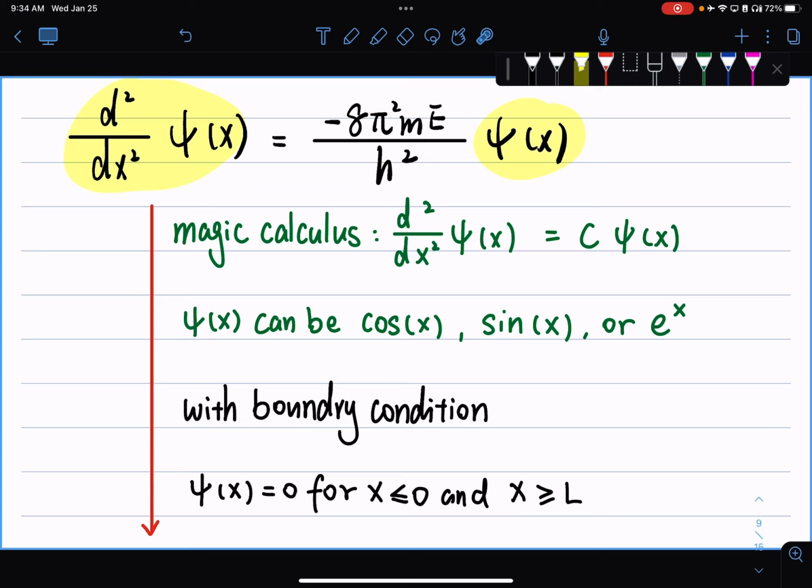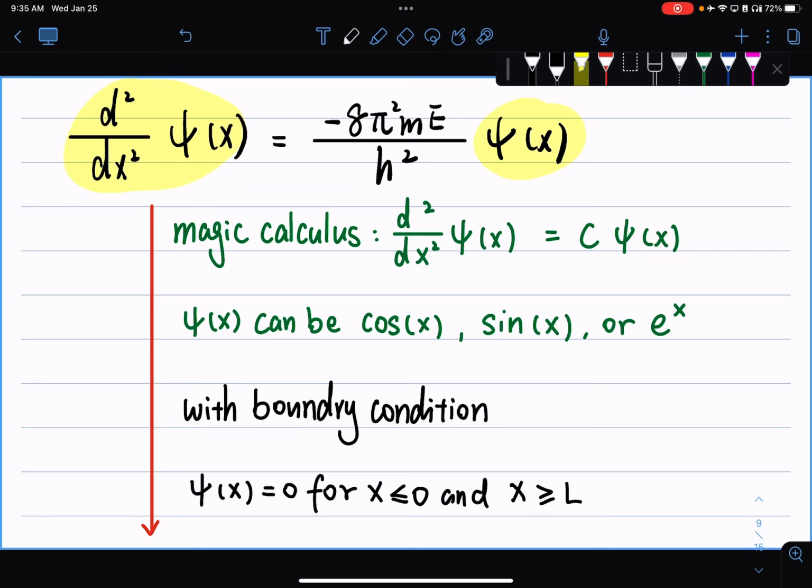In calculus, we have at least 3 candidates. It can be a cosine function, a sine function, or an exponential function, right? So this one is simple. You're just going to choose between these 3.